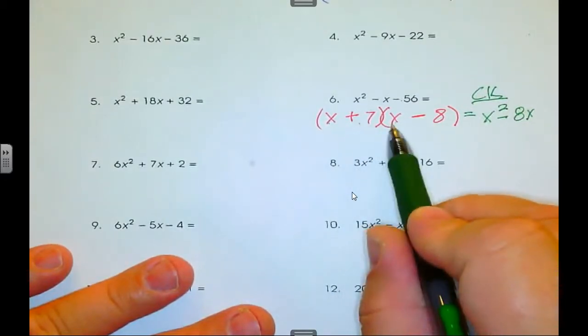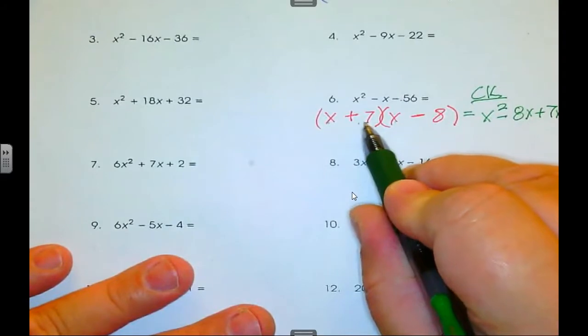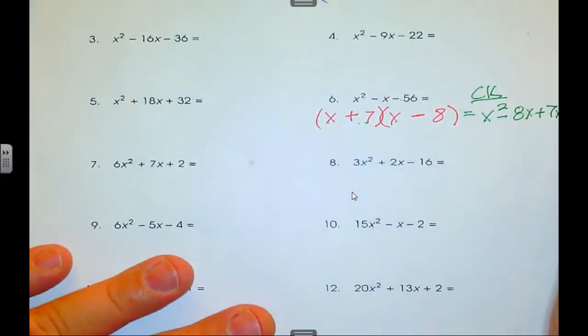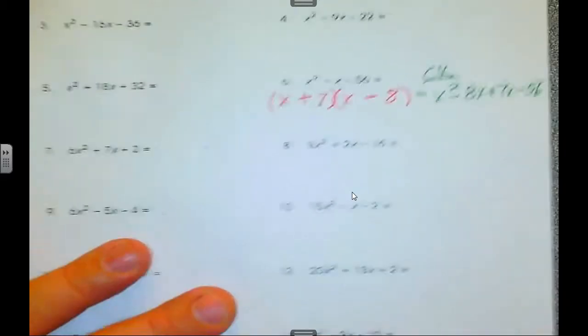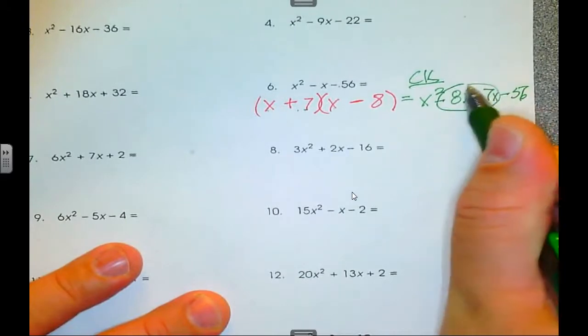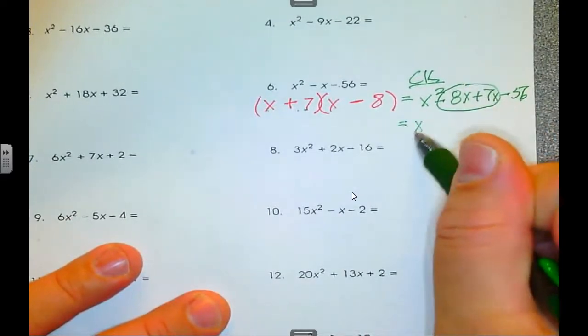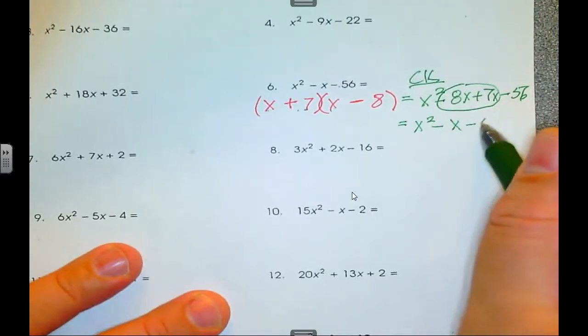Inner, 7 times x is positive 7x. And last, positive 7 times negative 8 is minus 56. Combine your middle two terms here: x squared, I get a negative 1x, and then minus 56.